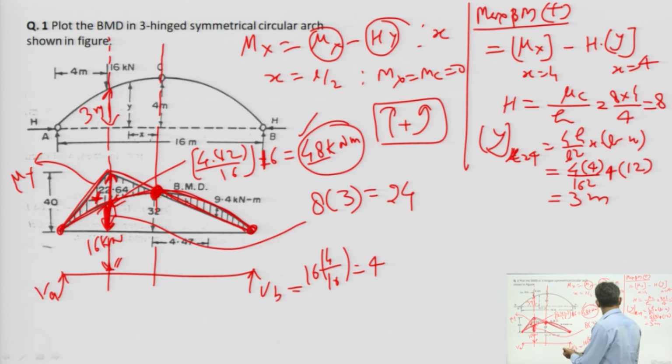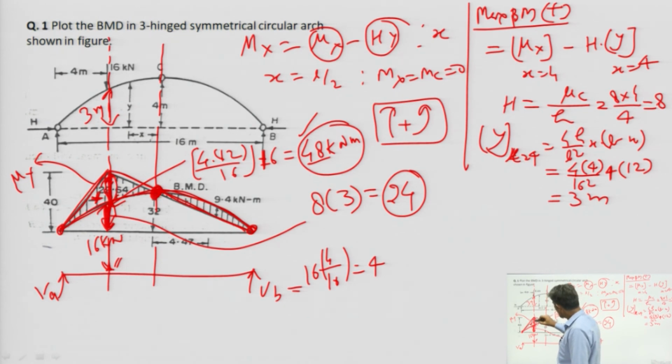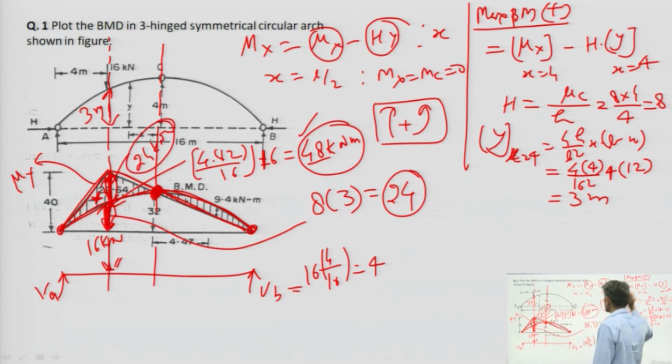So, it is 3. Okay, no problem. So, the difference is 24. So, this ordinate will represent 24 kilonewton meter. So, this is the maximum positive bending moment.